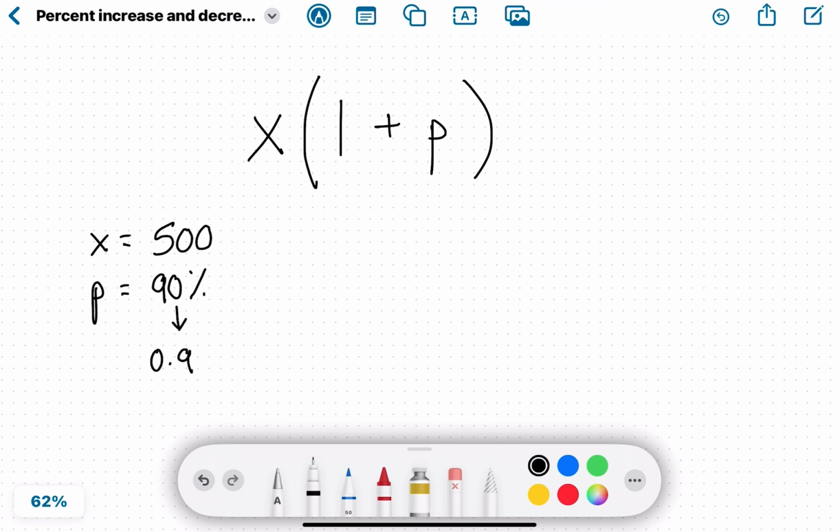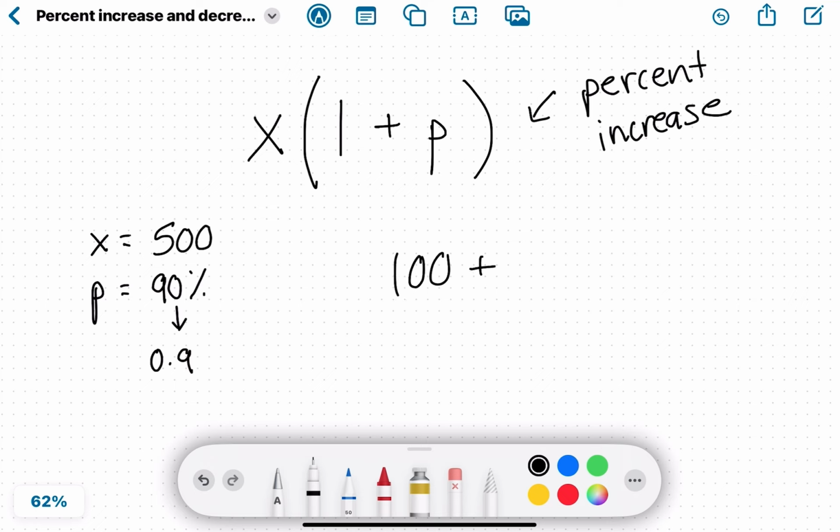So it's x times 1 plus the percentage in decimal form. So this is for percent increase. So you're basically finding 100% plus x% of a number.